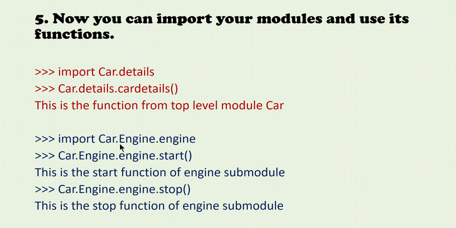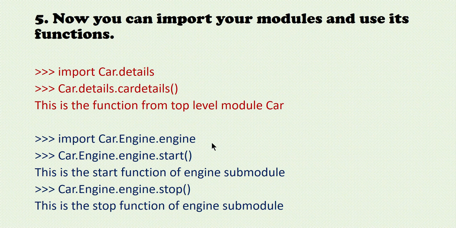So car is a folder name, engine is a subfolder name, and this engine is a Python file name. Till the file name you have to import. That is what you need to understand very clearly. Import car.engine, the top-level submodule and then the Python program, and to use the functions inside it you have to refer to it with the full name.